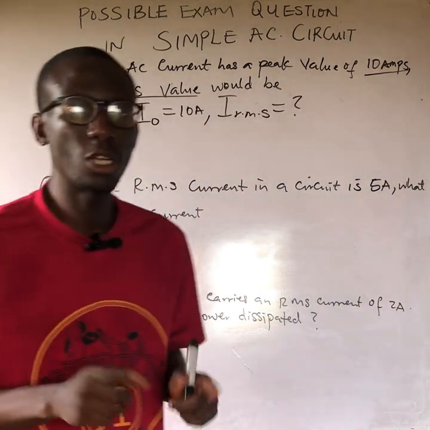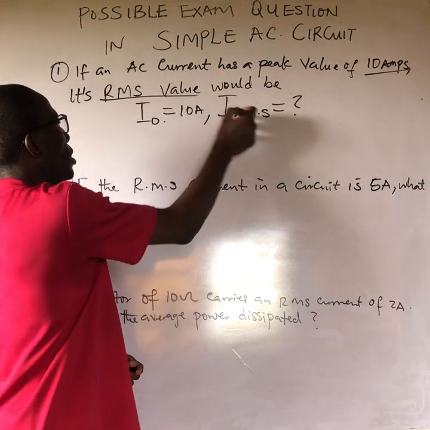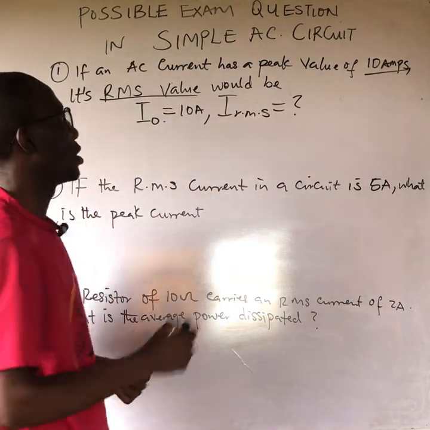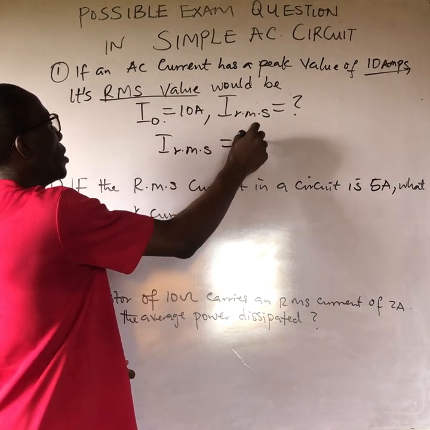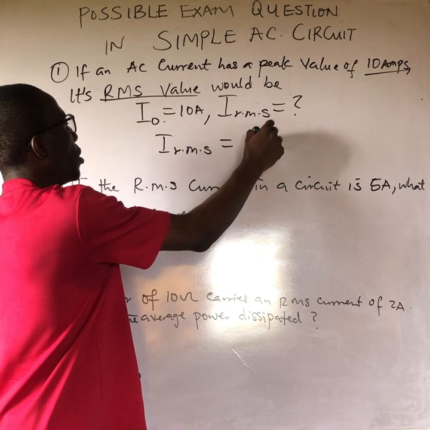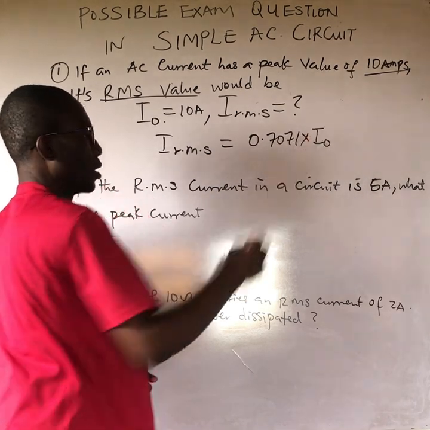Another thing that should come to your mind is what is the formula that connects these two things? The formula is root mean square current is equal to 0.7071 times your peak current.